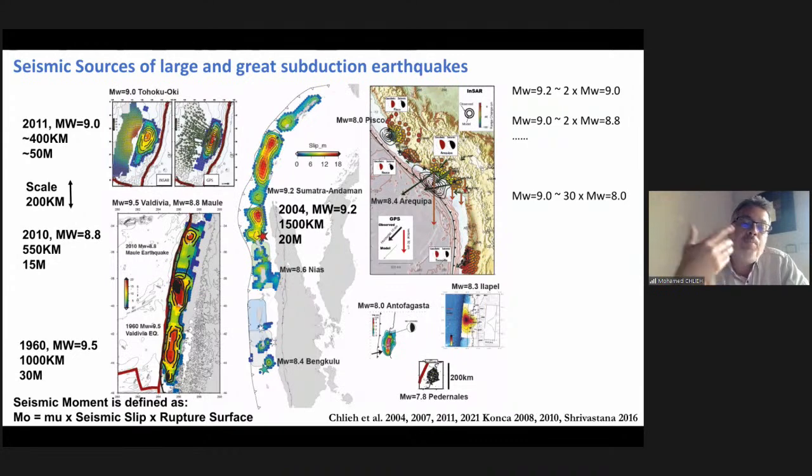But we didn't think that an earthquake could break, like Sumatra here, more than 1,000 and nearly 500 kilometers long. We didn't think, before the Japanese earthquake, that an asperity could slip as much as 50 meters.